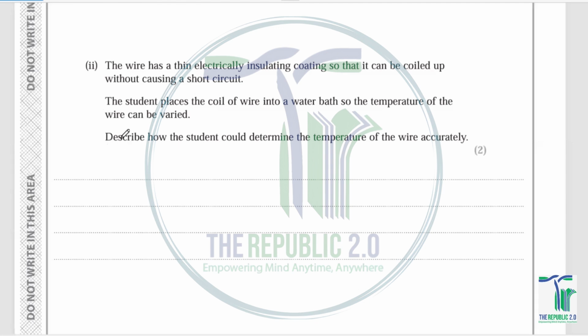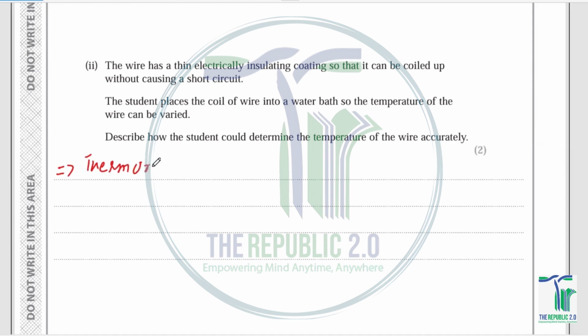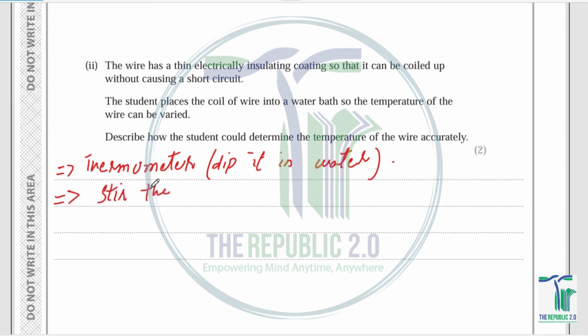So first, he can use a thermometer, and with the help of the thermometer, he can dip it in water. Secondly, he can stir the water. Stirring the water would help to spread the temperature uniformly.